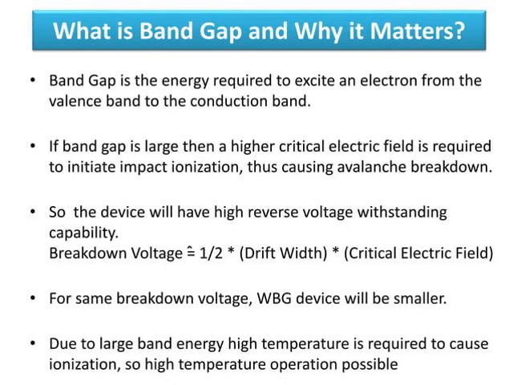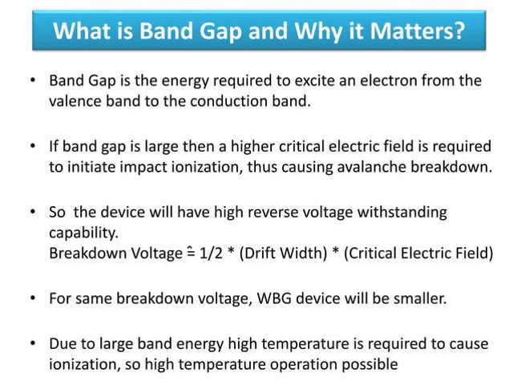This is the main advantage, and also the breakdown voltage is one half of the product of the drift width and critical electric field. So for the same breakdown voltage, you can expect the wide bandgap devices to be very small. This thing that we have achieved is used as an advantage. Due to the large band gap energy, very high temperature is required to cause the ionization.